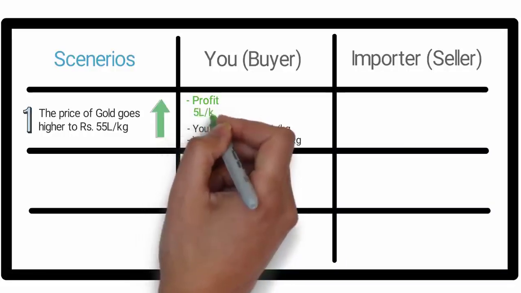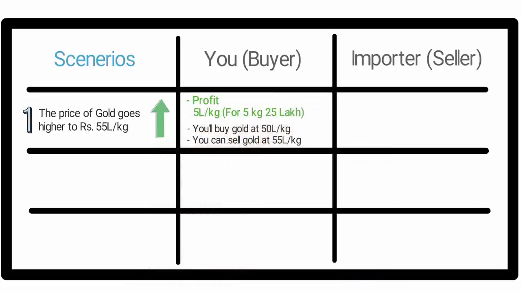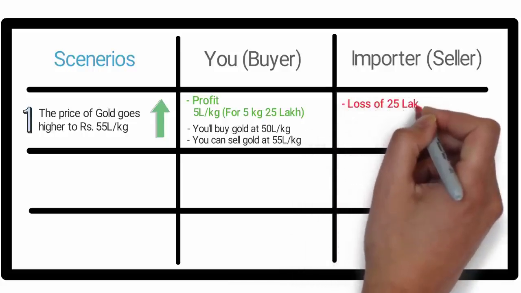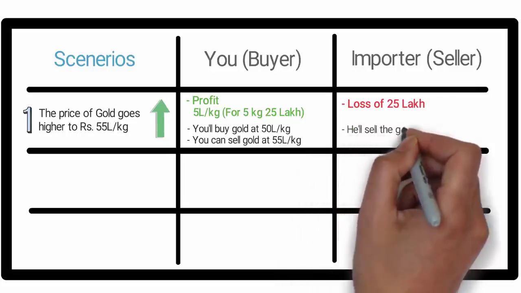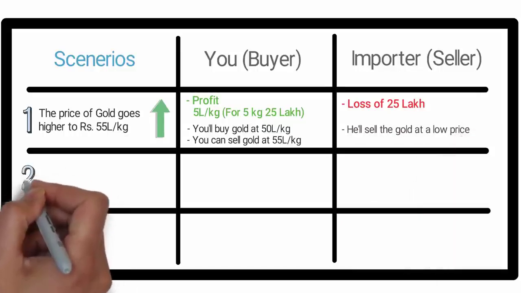You make a profit of 5 lakh per kg, and for 5 kg you made a profit of 25 lakh rupees. The importer will make a loss here since he has to sell his gold at a lower price than the current market price.